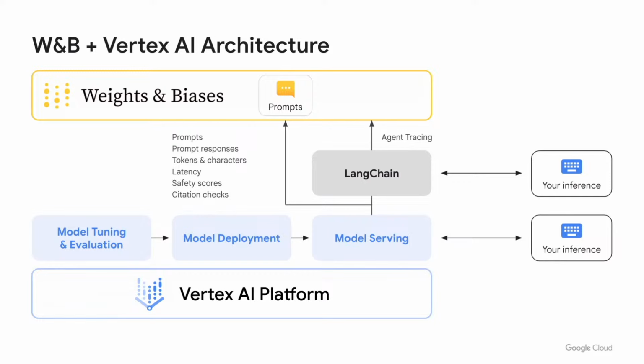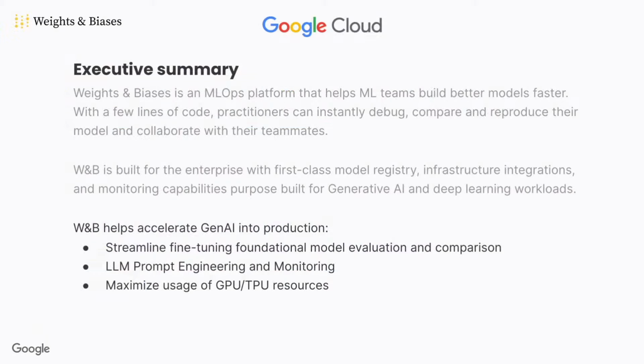And they leverage their distinct technology in conjunction with what Google has already provided to be able to really enhance, create a better experience for their end customers, to streamline all of the fine-tuning of those models, the prompt engineering, and lastly, to really be able to maximize the usage of those GPUs and TPUs.